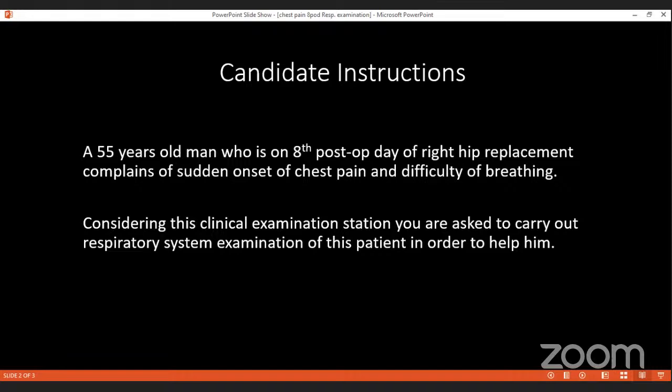What should be the management of pulmonary embolism if you have come to your diagnosis? If the patient is symptomatic, so he's breathless, and if it is mild, I'll give him treatment dose of anticoagulants.